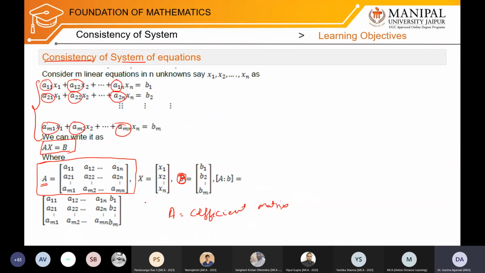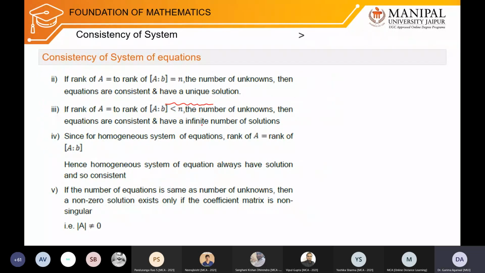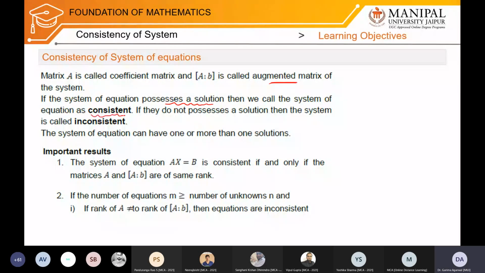If we write these two matrices A and B together like that, then it is known as augmented matrix, right? If this system of equations possesses a solution, then it is known as consistent system, right?